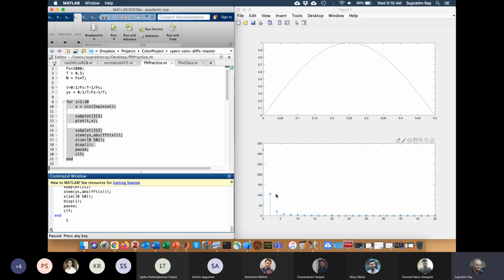If I look at the Fourier coefficient sinusoids that correspond to this, the 0th hertz sinusoid is a flat line. The first coefficient, which is the 2 hertz sinusoid, is one cycle in this 500 millisecond interval. It's one cycle within 500 milliseconds, so it's 2 hertz.